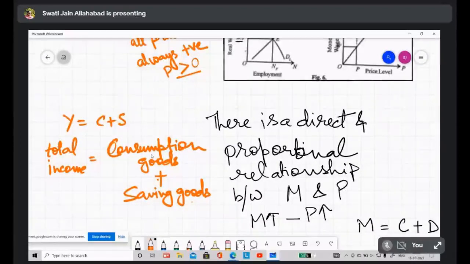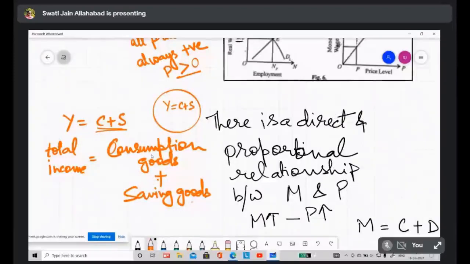Either we use our money to purchase goods and services, or we keep it in the bank in a savings account. So there is no leakage here. All the money remains in the system. Nothing goes outside the system. It is all Y is equal to C plus S. It remains within the circle. So that's how you say supply creates its own demand.